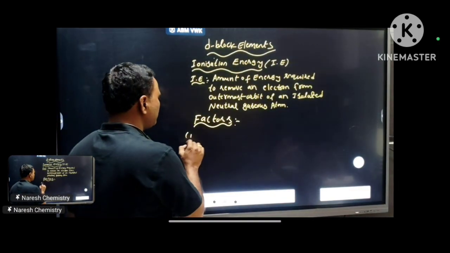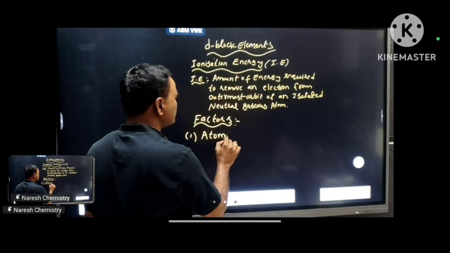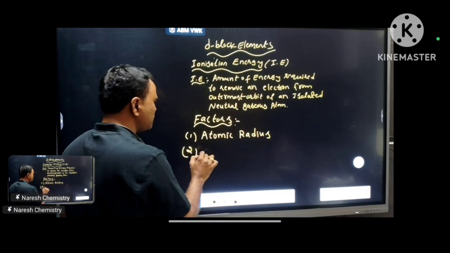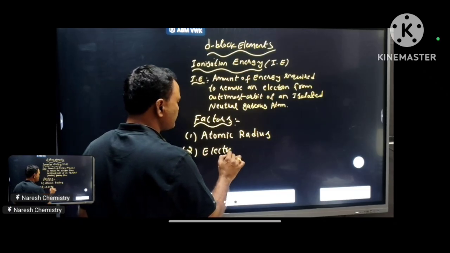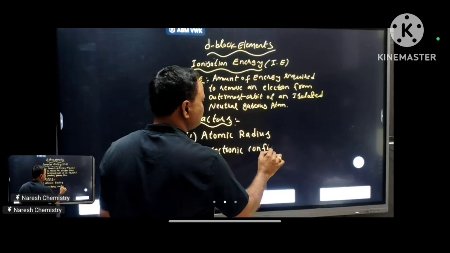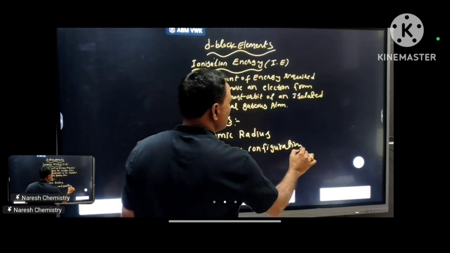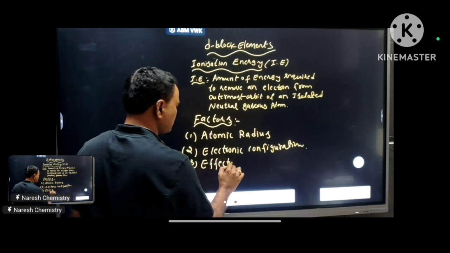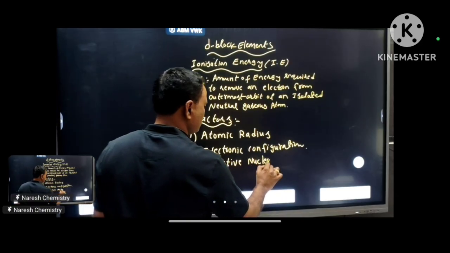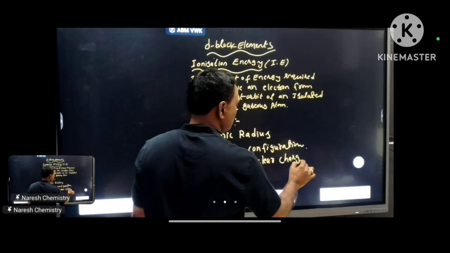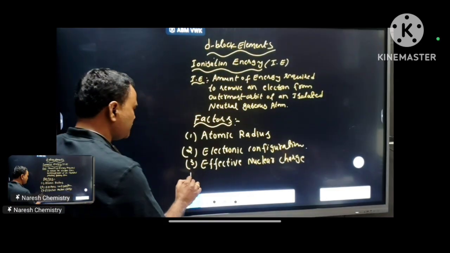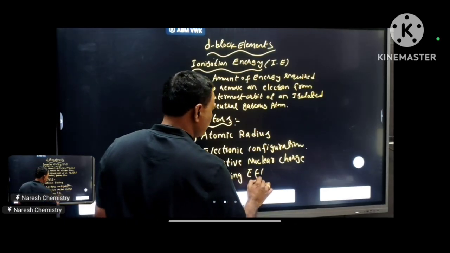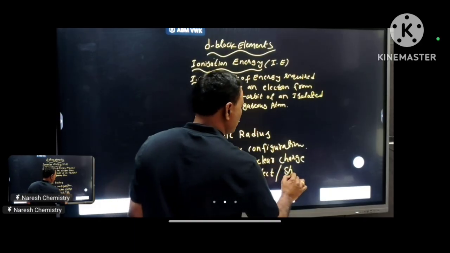Factors affecting ionization energy: atomic radius; second, an important factor, electronic configuration; effective nuclear charge; and screening effect, also called shielding effect.